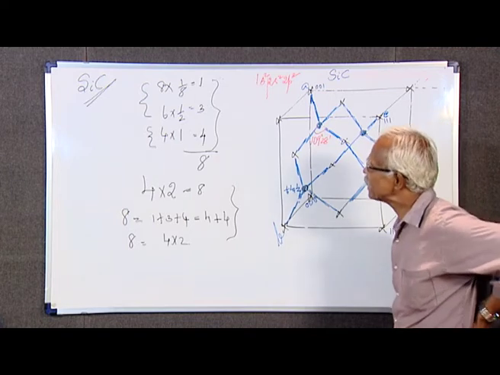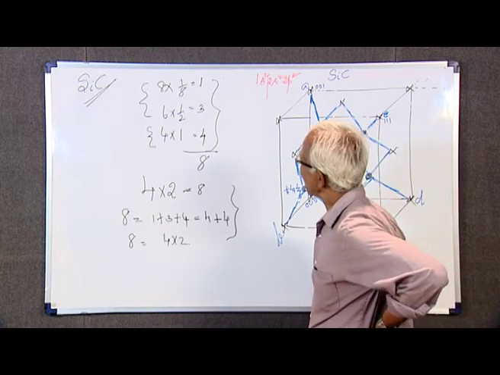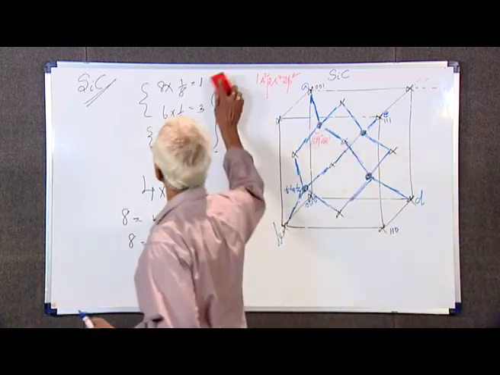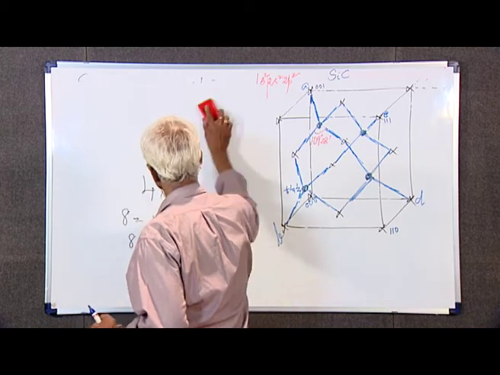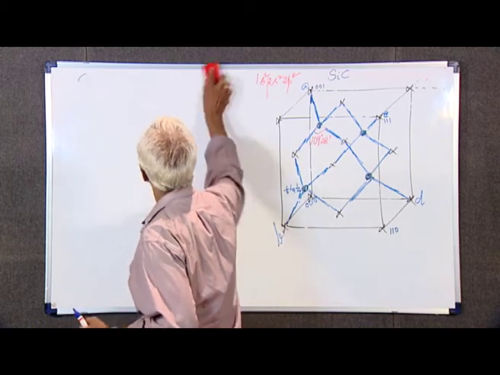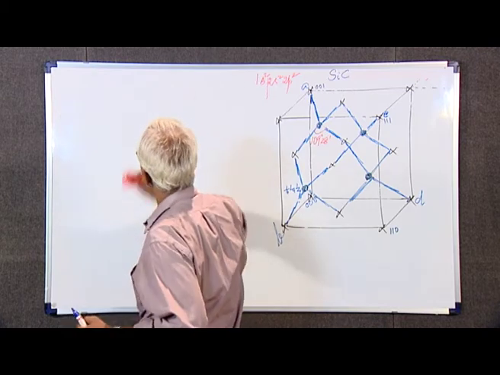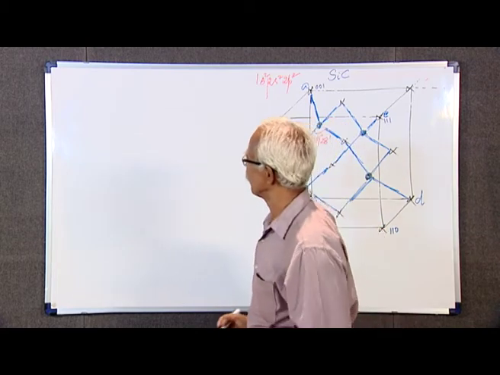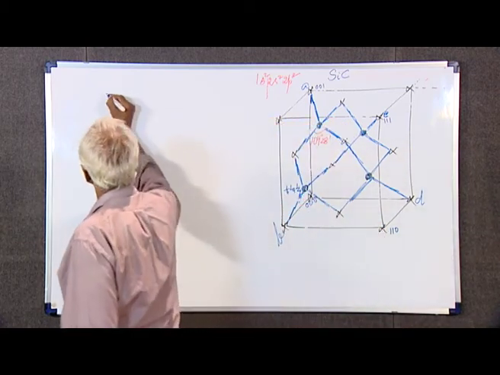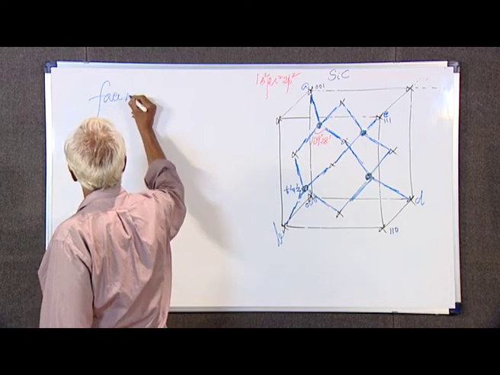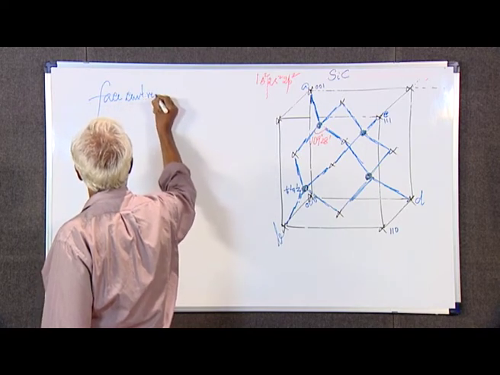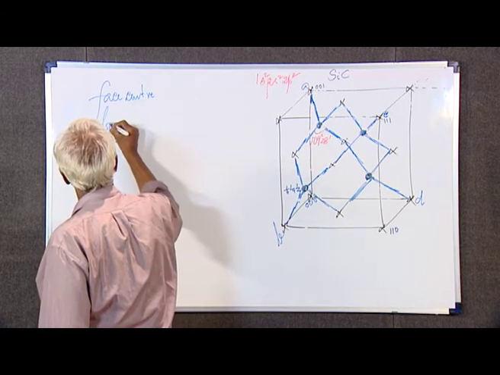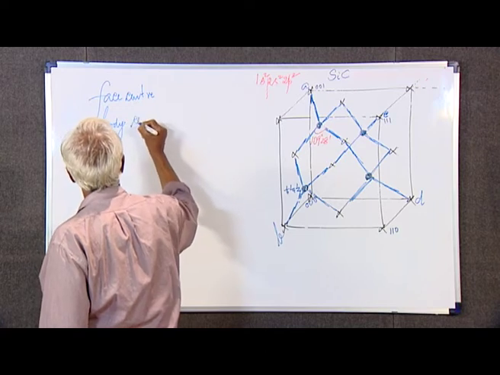And another thing which I can give as an exercise to the student is, there are two types of centering involved in cubic crystals. One is face centering, the other thing is body center.